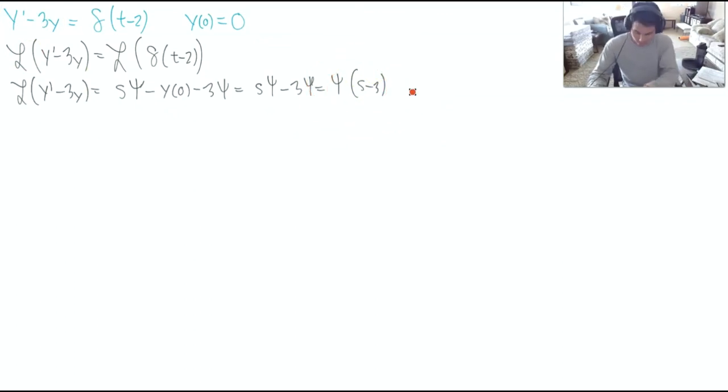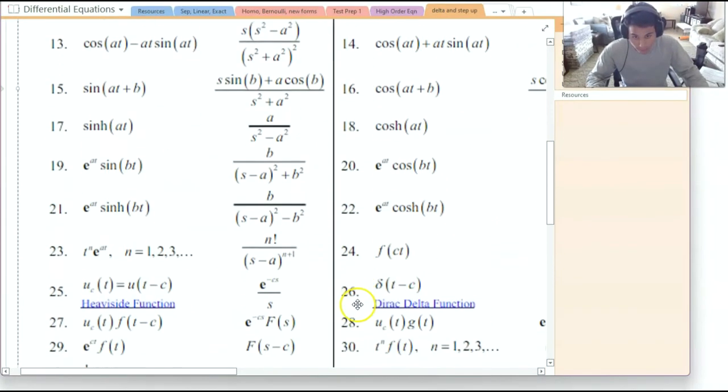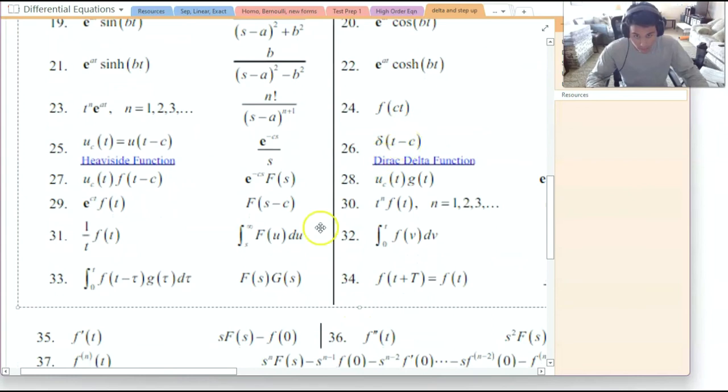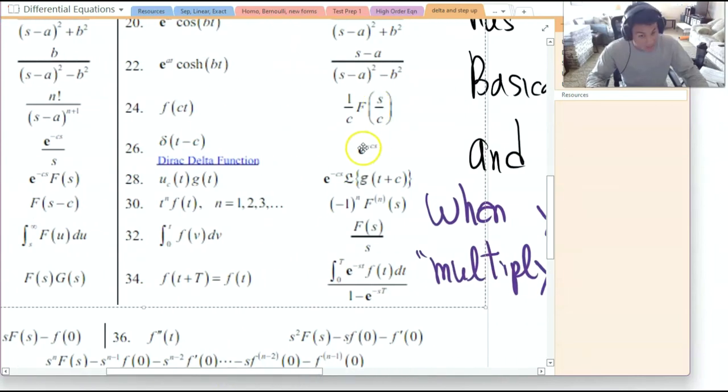And then let's think about the Laplace of the delta function, delta t minus 2. Well, if we look at our table, here's delta. It's just e to the negative cs. So for us, it's going to be e to the negative 2s.